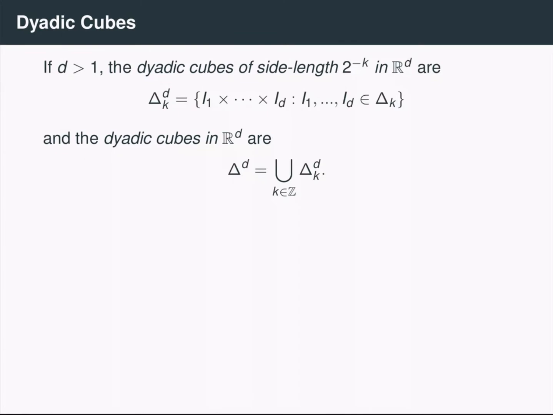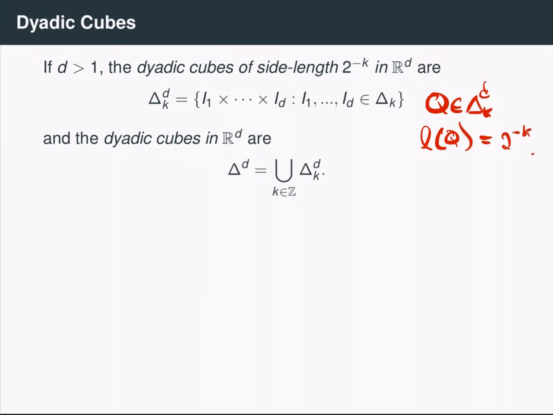Now that we've defined dyadic intervals, we can define dyadic cubes in any d-dimensional Euclidean space. The dyadic cubes in R^d of side length 2 to the minus k are all possible Cartesian products of dyadic intervals of length 2 to the minus k. Observe that if I have a cube Q in delta k^d, its side length, which I denote curly L of Q, is equal to 2 to the minus k.